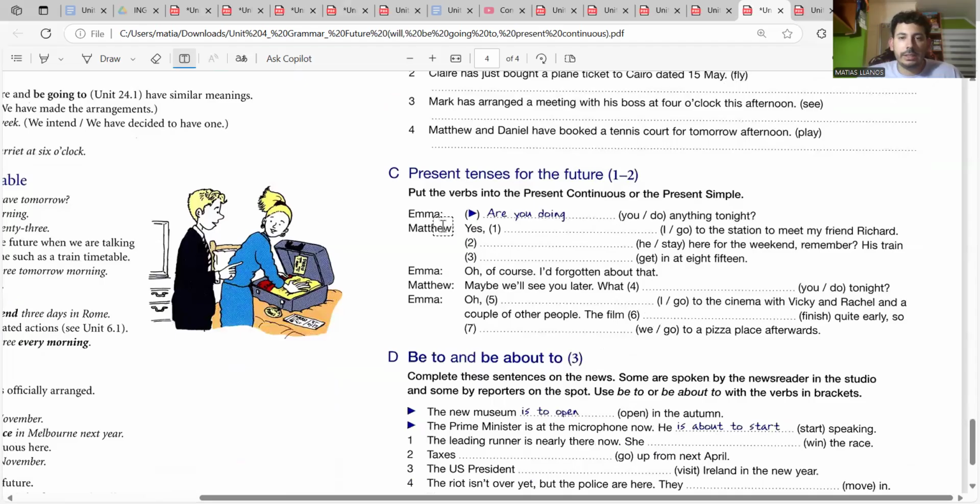Then we have present tenses for the future. Put the verbs into the present continuous or the present simple. For example, Emma, are you doing anything tonight? Yes. So present continuous or present simple. So for this one, for example, it's yes, I am going to the station to meet my friend Richard.